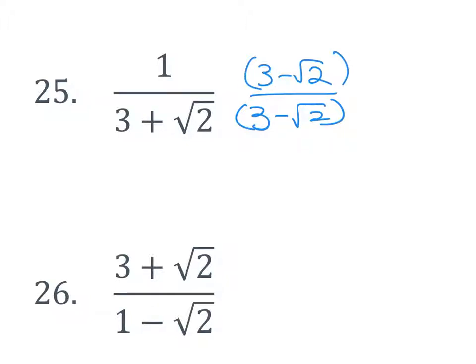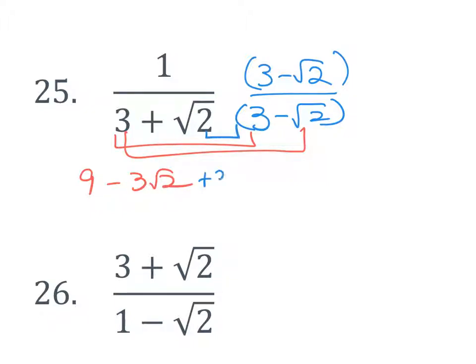And now what I'm going to do to the denominator is make that square root of 2 disappear. I'm going to FOIL that bottom. So the bottom's going to become 3 times 3, which is 9. 3 times square root 2 is negative 3 square root 2. Inside is going to be positive 3 square root 2.